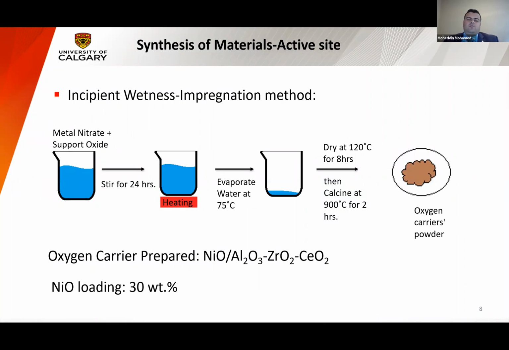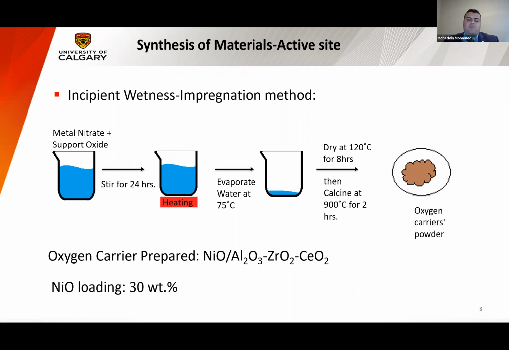For the oxygen carrier preparation, the support oxide, as prepared per the previous method, was impregnated with nickel oxide using the incipient wetness impregnation method. Nickel nitrate was added to a beaker of water, followed by the support. The solution was stirred for 24 hours to ensure homogeneity, and then heated at 75 degrees.